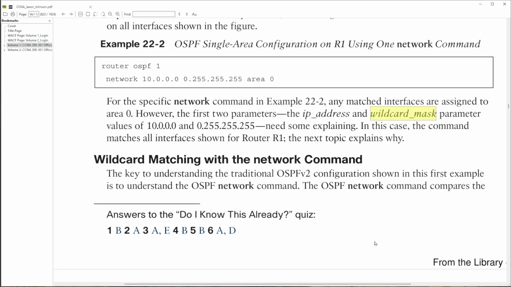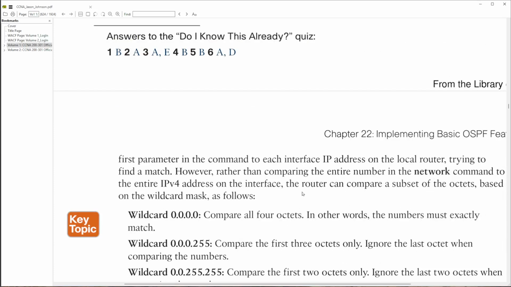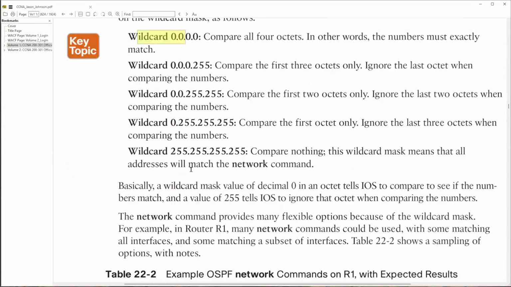The key to understanding, shown in the first example, like I get that you use a wildcard, just not understanding why. As boring as this probably is, this is going to get absurdly boring if I continue.